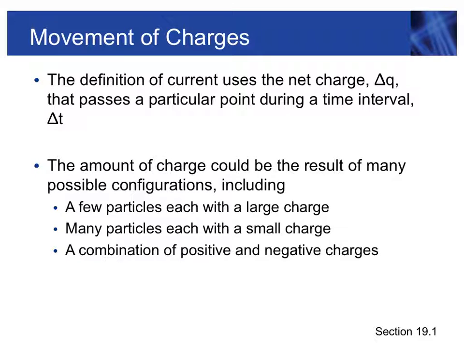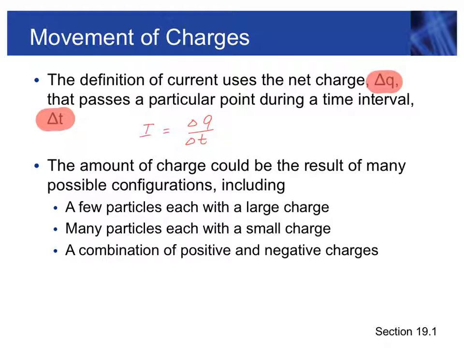Movement of charges. The definition of current uses the net charge, delta Q, that passes a particular point during a fixed time interval, delta T. Current is equal to delta Q over delta T. Wires are not the only material that can have a current running through it.